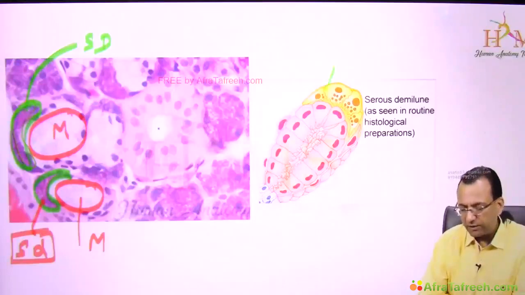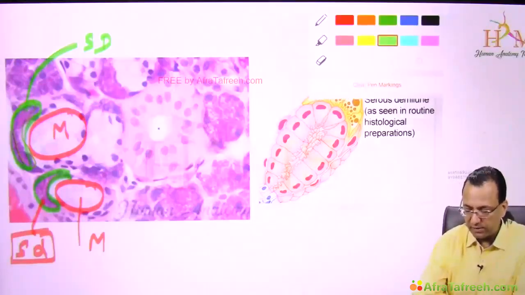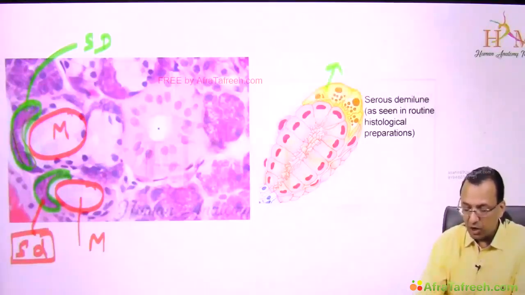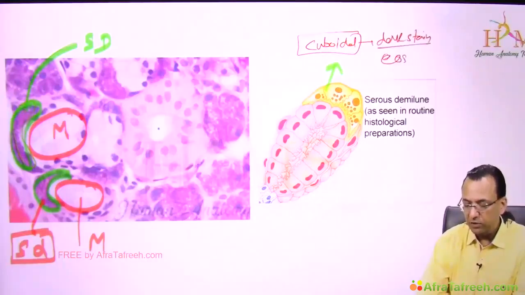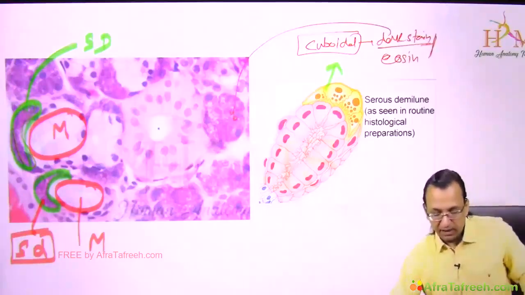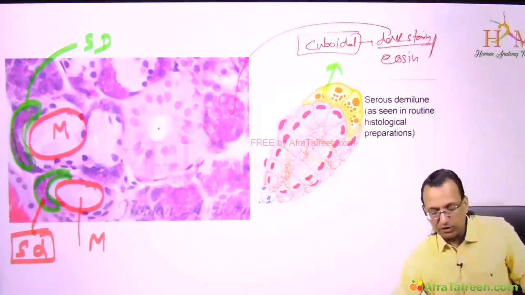How do you know that this is serous demilune? Because these cells are cuboidal and they are dark stained, eosinophilic. So they are dark staining eosinophilic like this one. Yes. Serous glands are dark stained eosinophilic cells.